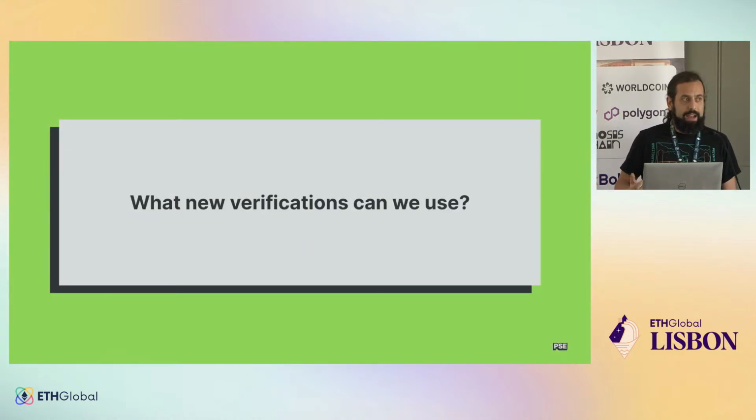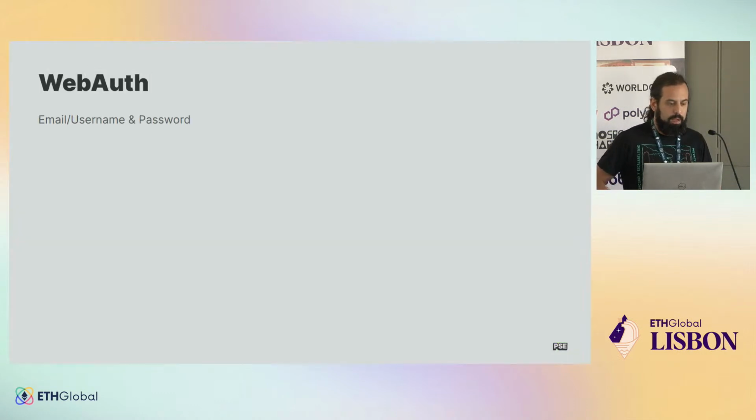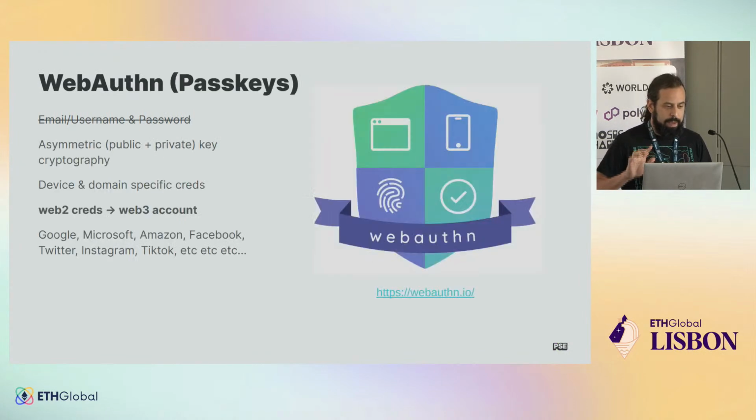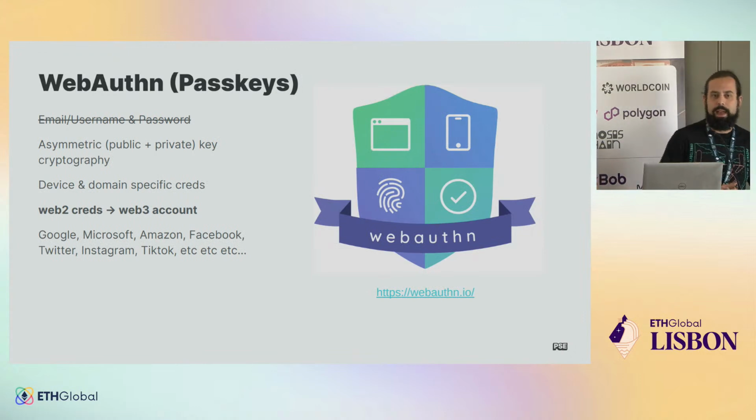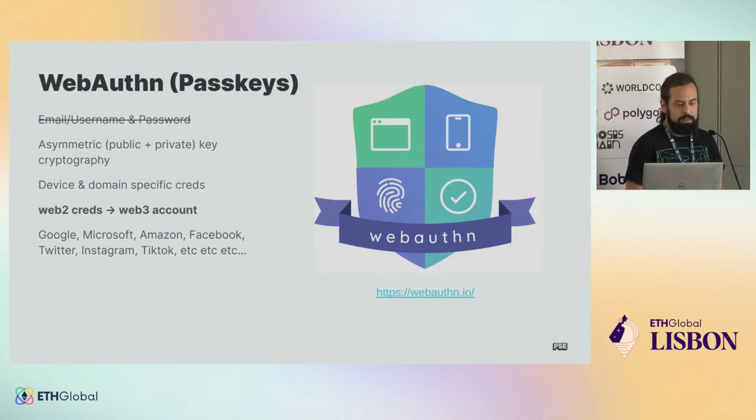So, now that we have this, what new verifications could we use with this smart contract wallet? Well, we could use some basic web auth, maybe have a username and password accessing something, but there's better things we can use, such as WebAuthn, also commonly known as passkeys. This is basically using asymmetric keys, similar to what we would use in Ethereum and other blockchains, for signing into Web 2 servers and accounts.